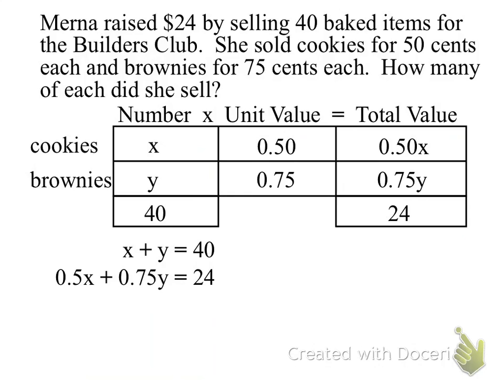They're going to clear, and they're going to multiply the bottom one by negative 2. Negative 2 times 50 cents, negative X. Negative 2 times 75 cents is $1.50, minus 150y. And then they cleared and gave us something.